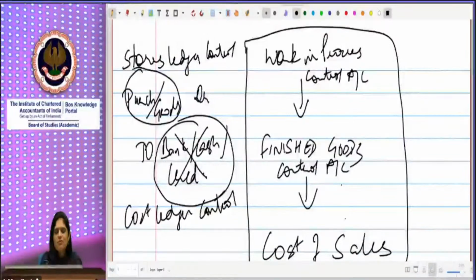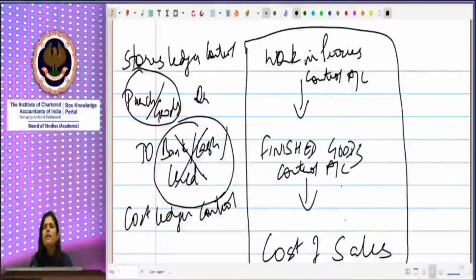So the cost ledger control account is an account made just to complete the double entry. To complete the debit and credit aspect, we create that account so that we at least have a double entry. So the entry will be stores ledger control account debit to cost ledger control account.